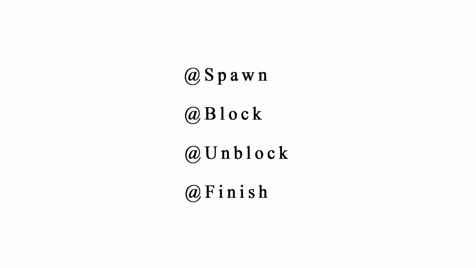The second one is block. This operation happens when the thread needs to wait for a particular event. All the necessary information is automatically saved for the thread execution's resumption.